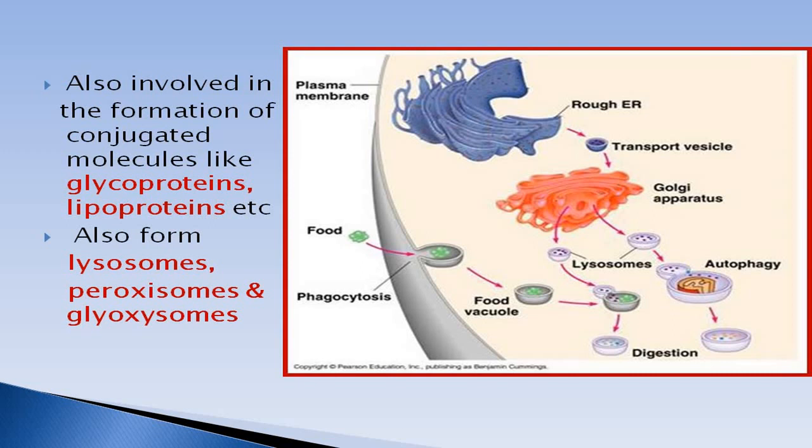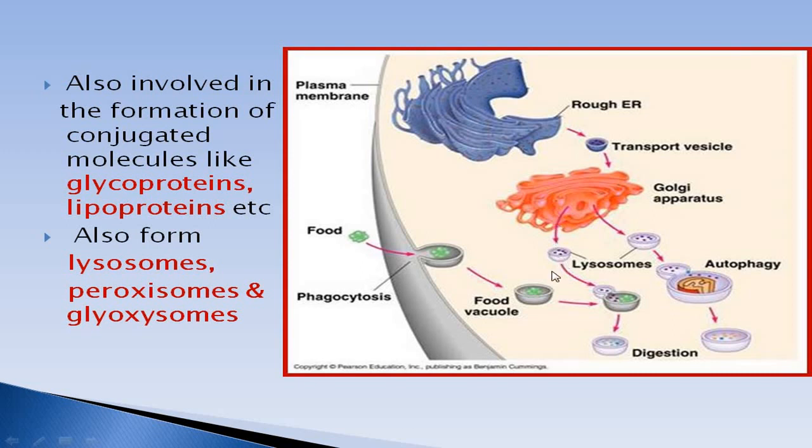But in this case, some of the proteins which are synthesized by the endoplasmic reticulum make up digestive enzymes, which when released from the Golgi apparatus in the form of vesicles are called lysosomes.